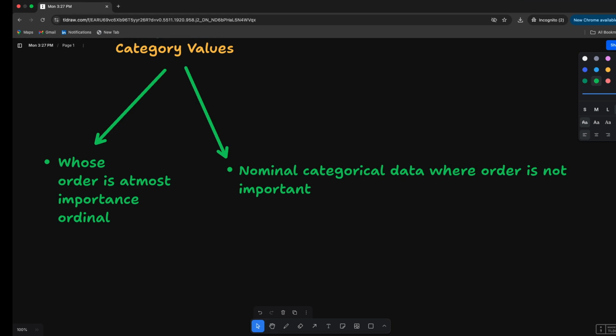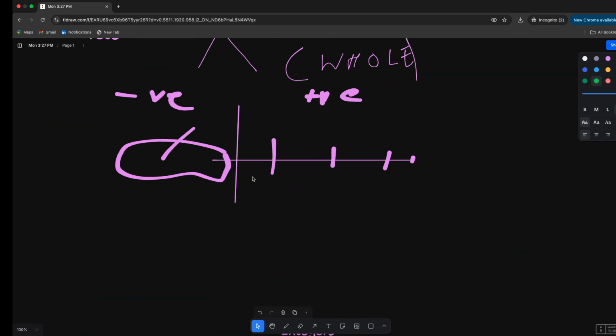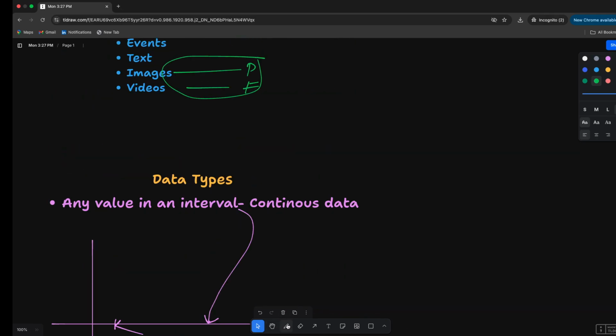Now numeric data comes in two forms, continuous and discrete. Okay, so in a broader sense, data can be classified in two ways, right? One is numeric-based, and the other is category-based. This is numeric, and this is category.